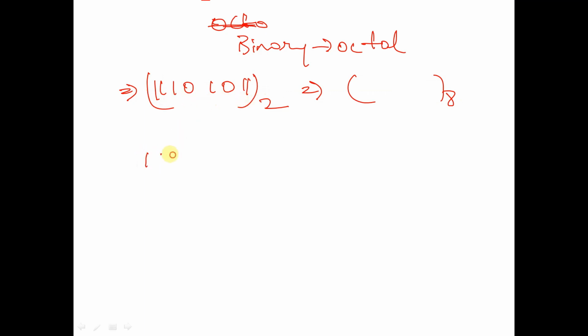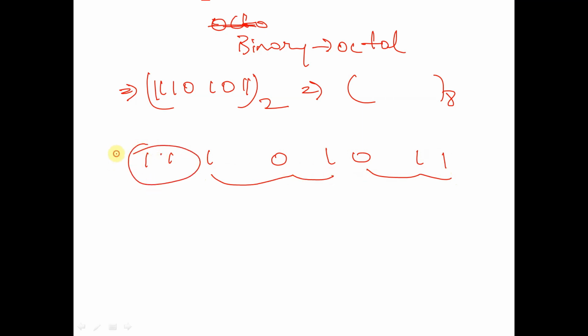So this is a group of 3, and 101 is a group of 3, and we are left with 2 digits, so add a 0 to make it a group of 3.